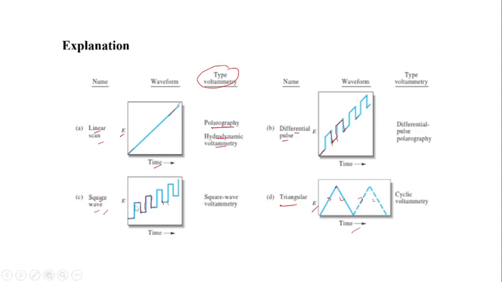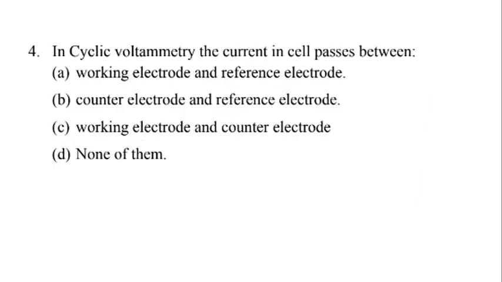If you apply a square wave scan, it is known as square wave voltammetry; there is differential pulse voltammetry and cyclic voltammetry. This concept should remain in your mind: different types of voltammetry exist based on the type of scan. So three questions are clear. Now question number 4.